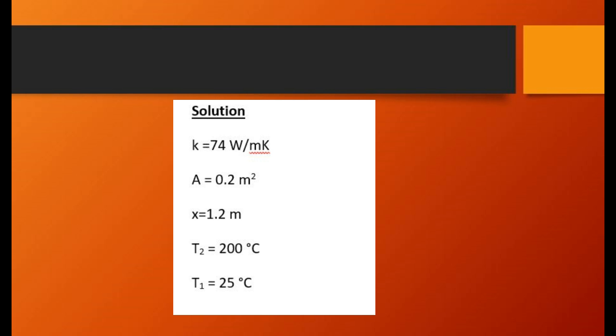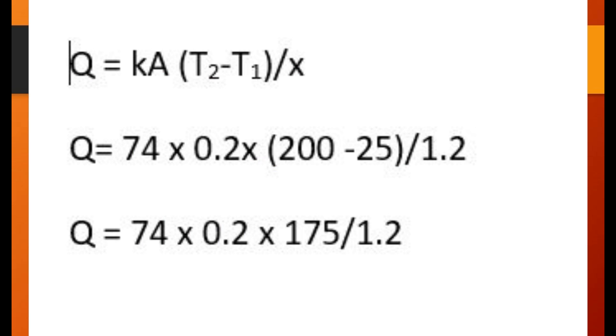However, for radiation problems, that's a different story, and when we're solving radiation problems, you'll notice that we must change the temperature into Kelvin. Anyway, coming back to our equation, K A, T2 minus T1, which is 200 minus 25 degrees respectively, and then we have the thickness or the length of the rod, which is 1.2 meters.